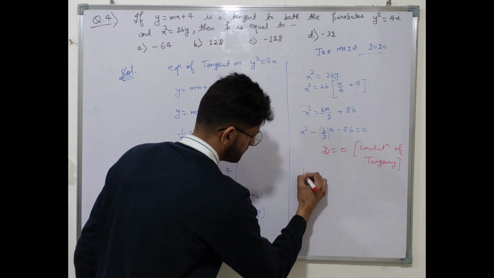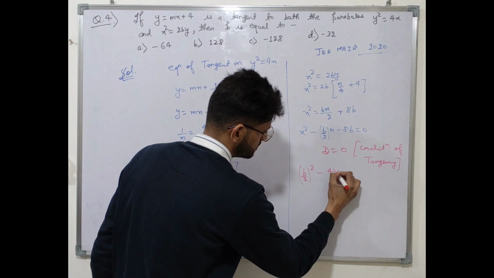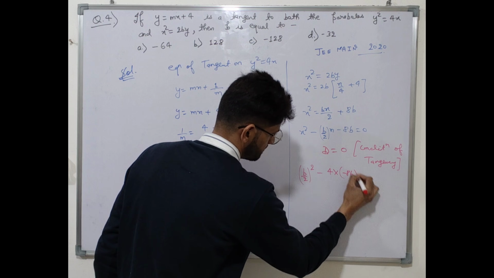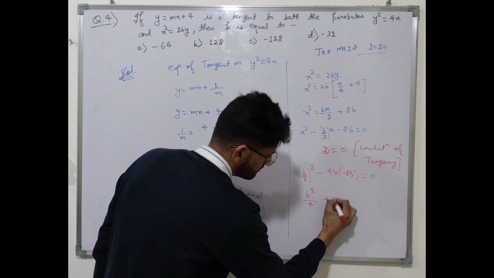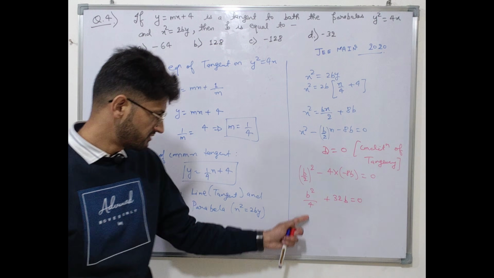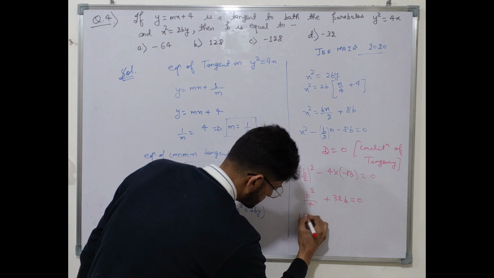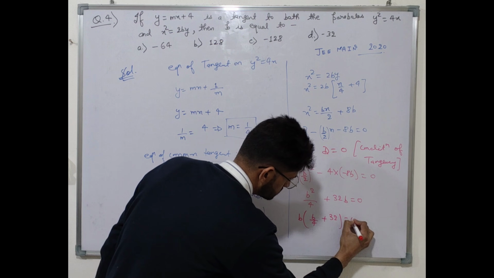So from here we can say (b by 2) whole square minus 4a into c, where the value of c is minus 8b, is equal to 0. From here we can say b square upon 4 plus 32b is equal to 0. From here we can take b as common. So b into (b upon 4 plus 32) is equal to 0.